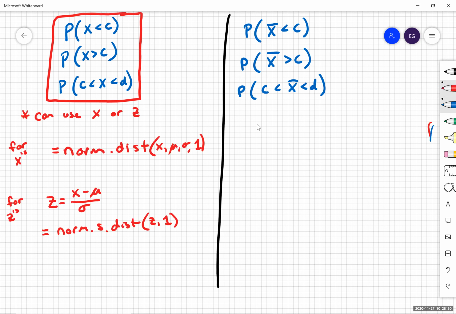When you have a normal distribution probability problem where you're talking about a group, in the problem we just did a group of 70 people, you must use a z-score.